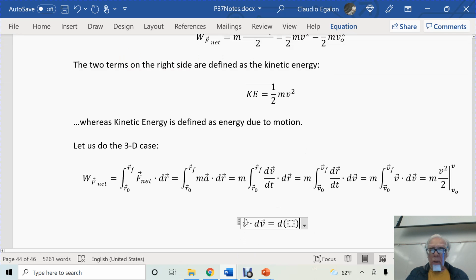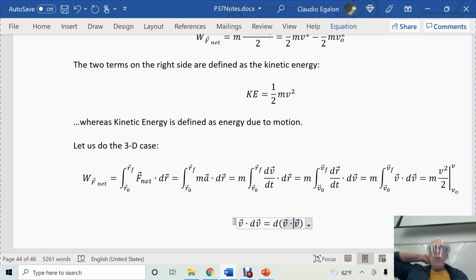And the total derivative looks just like that: d of V dot V. We apply the chain rule, and you get V dot dV plus V dot dV. So in reality, we have to put a half here.